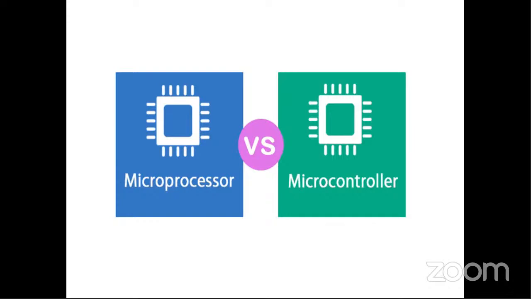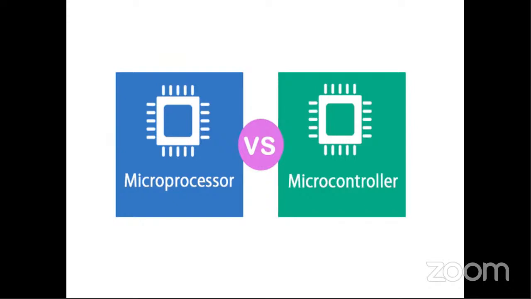Basically, a microprocessor has a CPU which acts as the brain of any computer system. Whereas a microcontroller is the heart of an embedded system. It consists of CPU, inbuilt memory, inbuilt input-output devices and timer units in a single integrated chip.